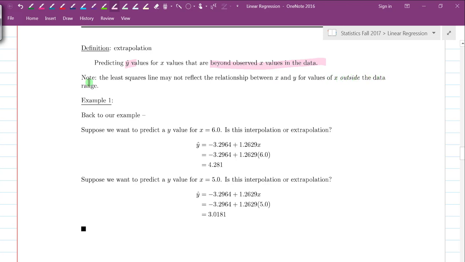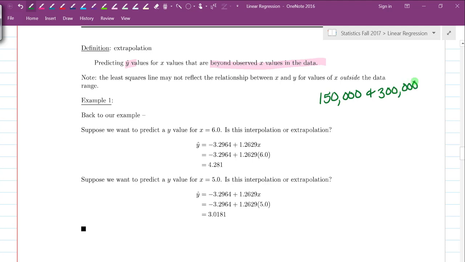So what that means is this. If I develop a linear regression model for the mileage of a car and the price that it can sell for, let's say that my model was developed using cars that had between 150,000 miles and 300,000 miles.